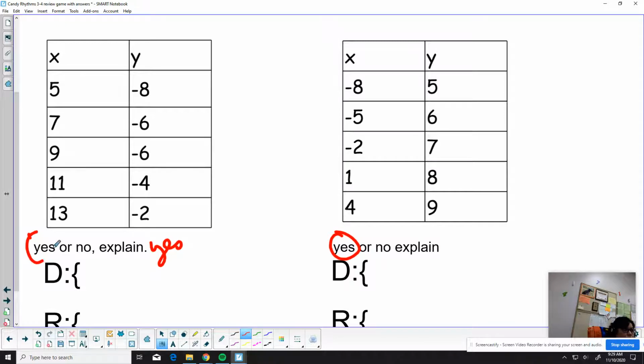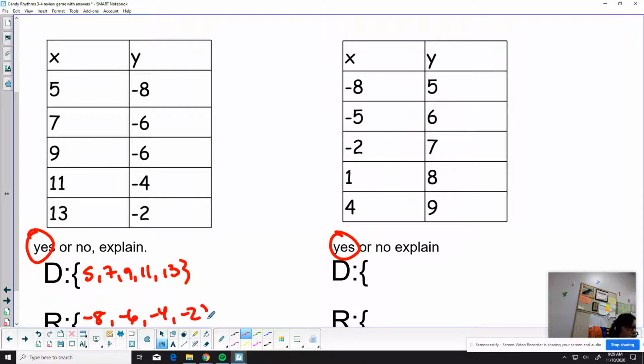Okay, and then to decide the domain, I would just list 5, 7, 9, 11, 13. My range are all the y's. I'm going to list that range only once. Then over here, my domain, all the x's. And the range, all the y's. They're both functions because all the x's are different.